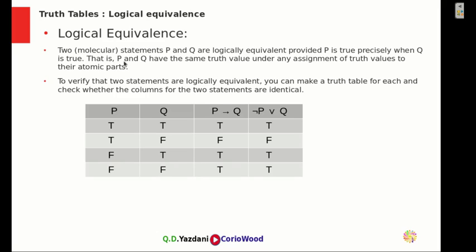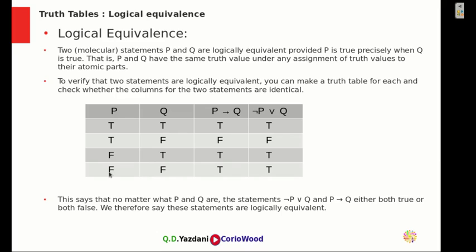That is, P and Q have the same truth value under any assignment of truth values to their atomic parts. To verify that two statements are logically equivalent, you make a truth table for each and check whether the columns for the two statements are identical. And here the columns are all identical. No matter what P and Q are, the statements not P or Q and P implies Q are either both true or both false.